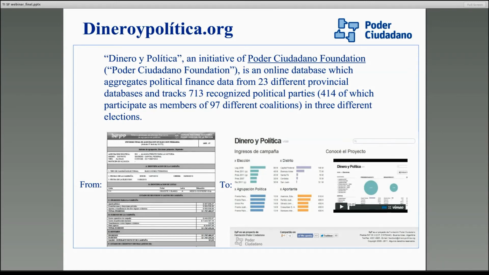So what we had to do with this database is to collect all those PDFs, which are around 500 for each electoral process, and create a software to take all that information and present it in an easier way, as you may see on the second image.